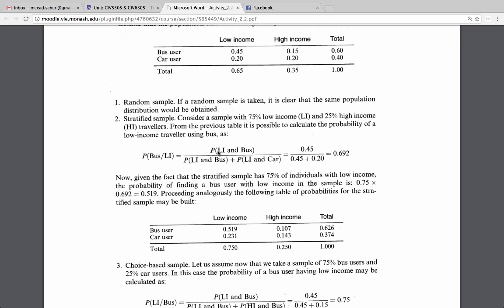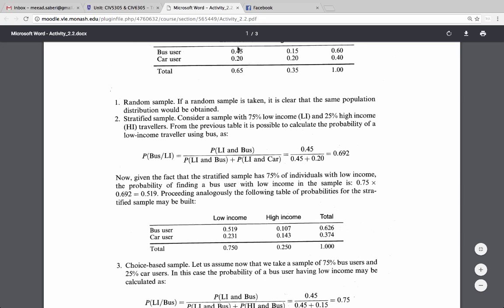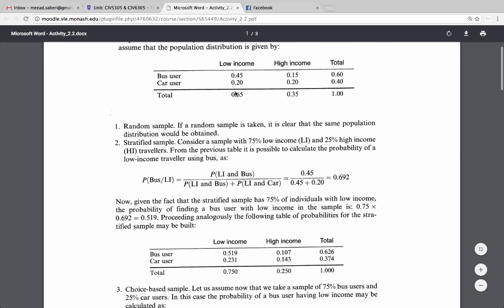The probability of being low income and using a bus is 45%. The probability of being low income is the probability of low income and bus plus the probability of low income and car, which is this 65% here. So 45% over 65%, we get 0.692.